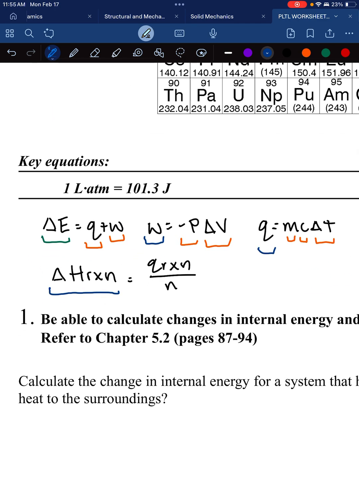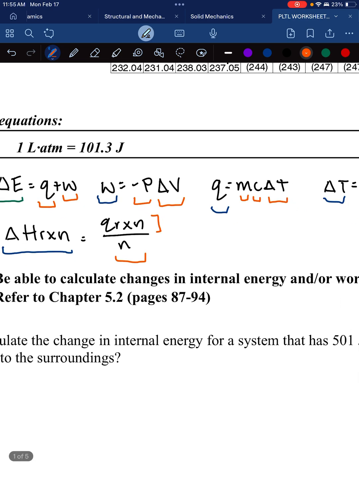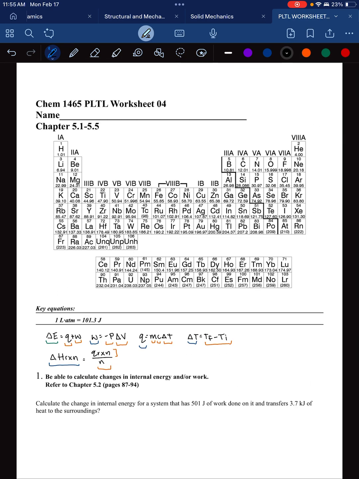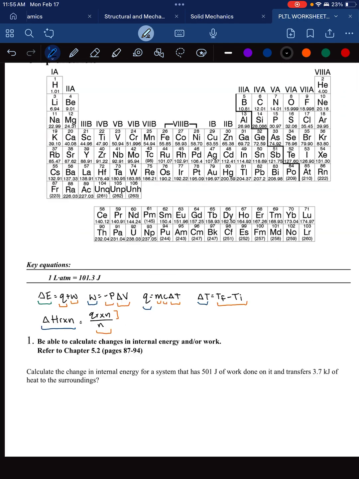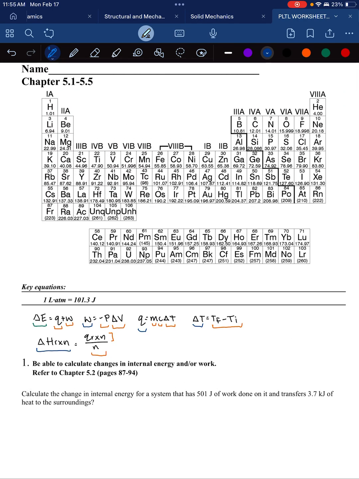And this delta H, or change in enthalpy, will be the heat flow of the reaction divided by the moles. Okay, all right. So let's get into some problems, and you'll see how these equations work over time.